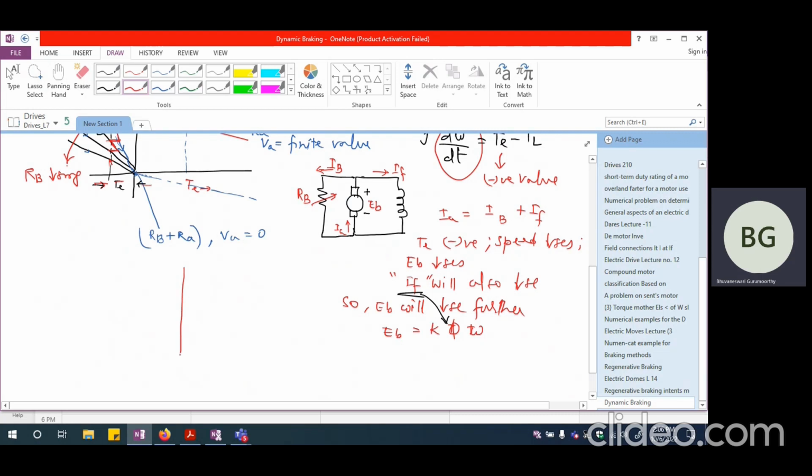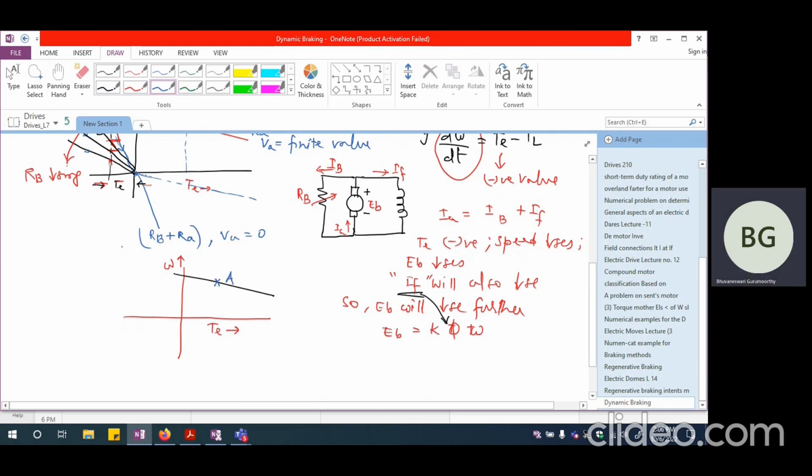So if I try to look at the shunt motor, how that undergoes regenerative braking. So this is TE, and this is going to be omega. And let us say originally the characteristics was something like this. So this is where originally my motor was operating.